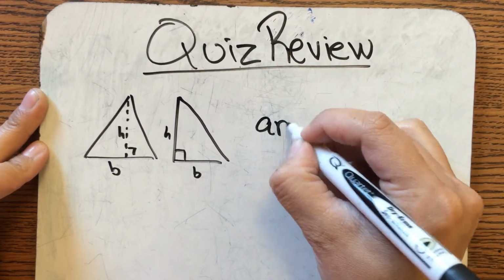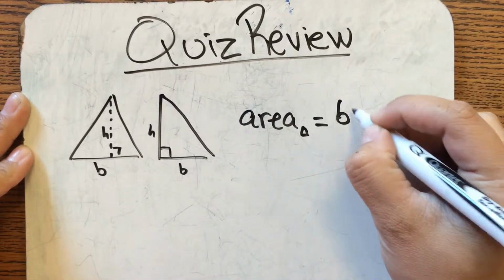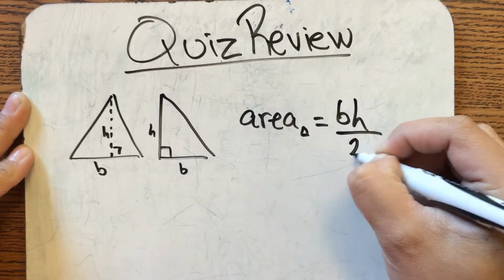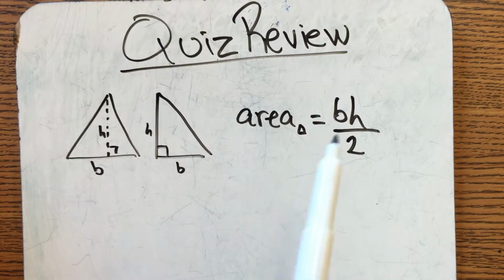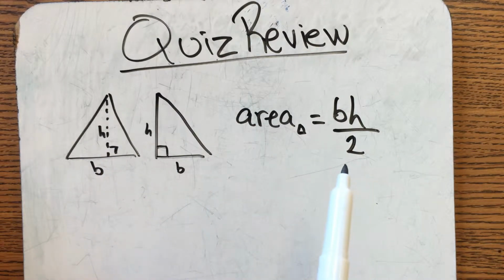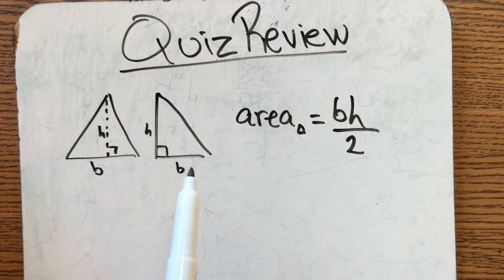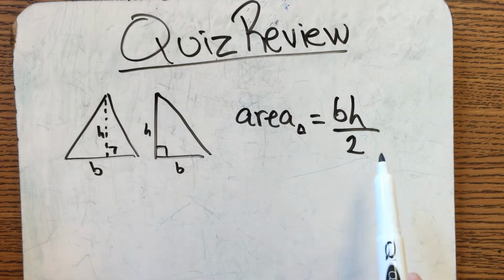The area of a triangle is base times height divided by 2. I noticed on the quiz, a lot of you used this formula for this triangle, but you did not use this formula for this triangle. Even though they look different and they're different styles of triangles, they're still triangles.